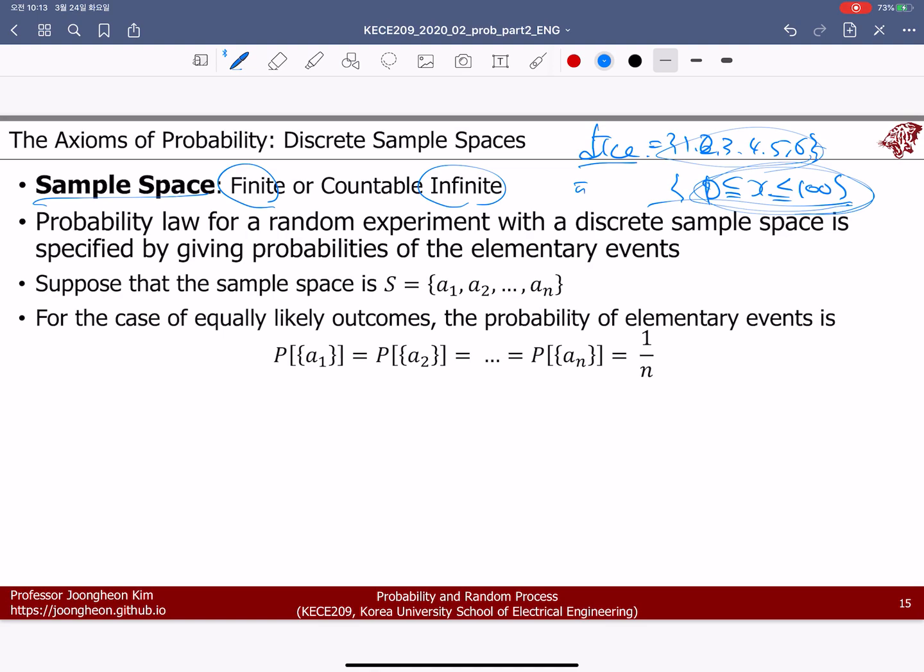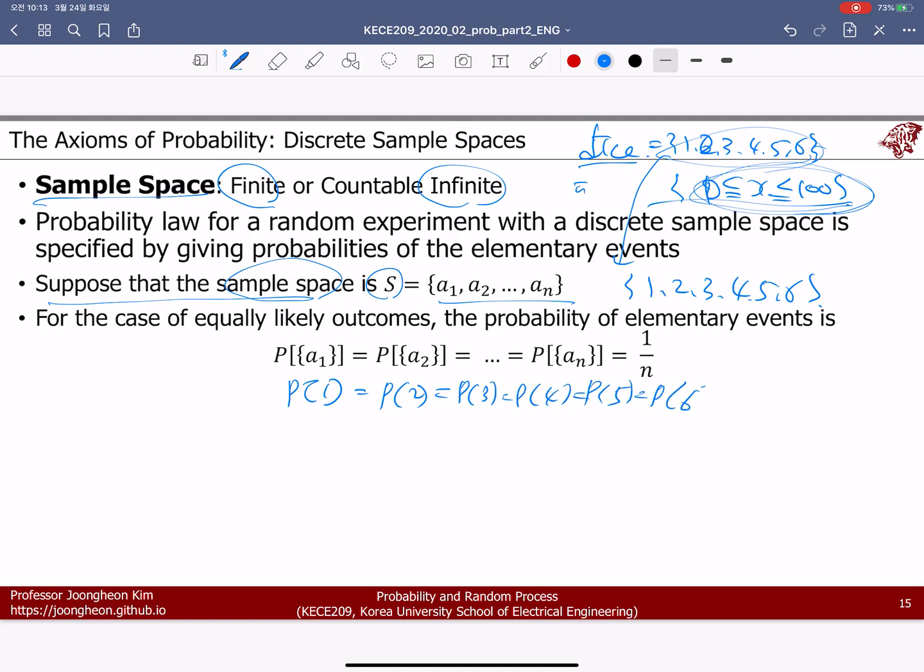Let me start with the discrete domain. Suppose that we have a sample space S with n different events. Suppose we are doing dice tossing, so we have 1, 2, 3, 4, 5, 6, with probability of 1, probability of 2, up to probability of 6.